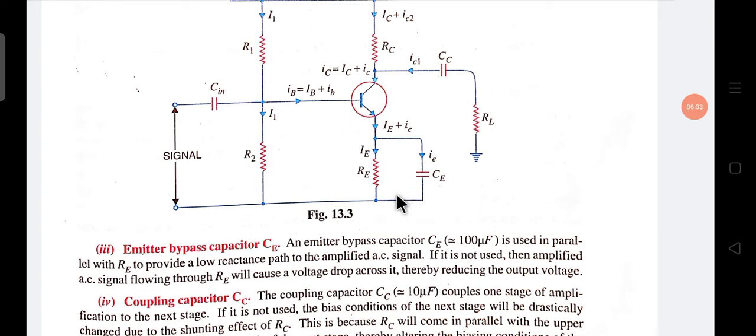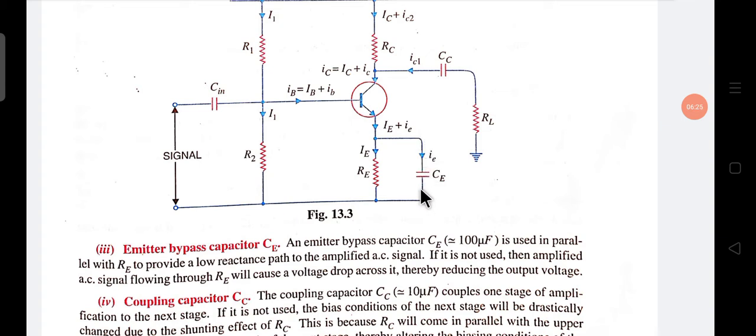This emitter bypass capacitor is used with RE to give a low resistance path to the emitter current. Because RE has some resistance, but in the capacitor path there is a low resistance path.